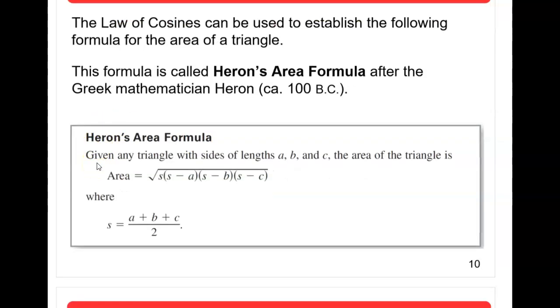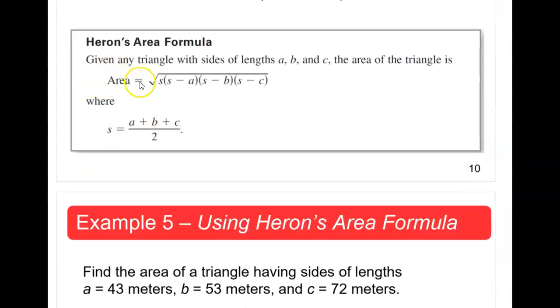And so to find the area of any triangle, we take the square root of the product of S times S minus A times S minus B times S minus C. Now, what is S? Well, S is half of the perimeter.